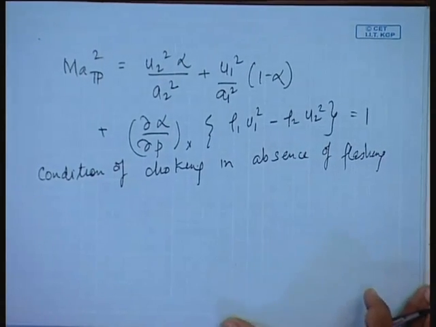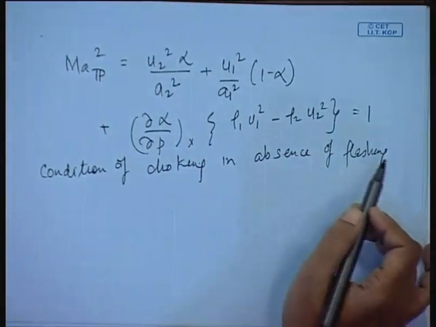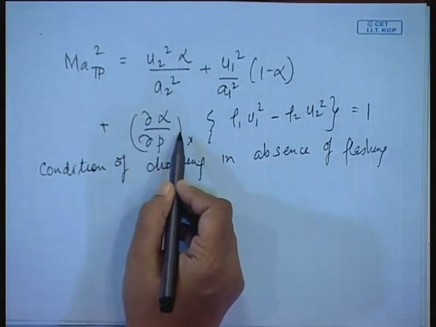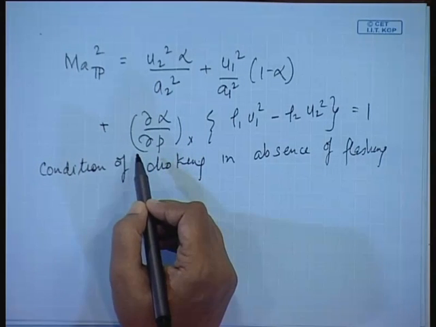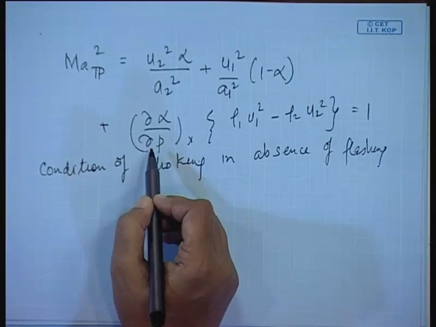The other thing I would like to tell you is that in this particular expression we will have something like del alpha/del p at constant x. That means, when the quality is constant, how alpha varies with pressure.